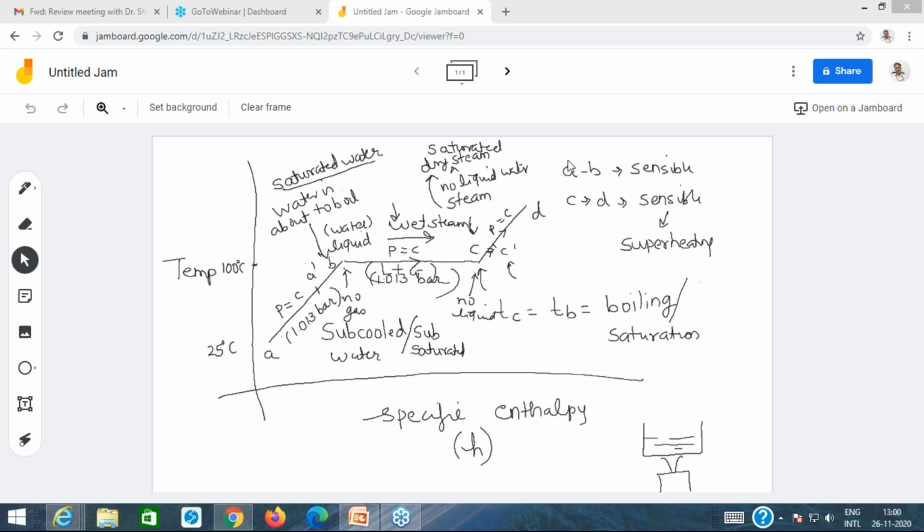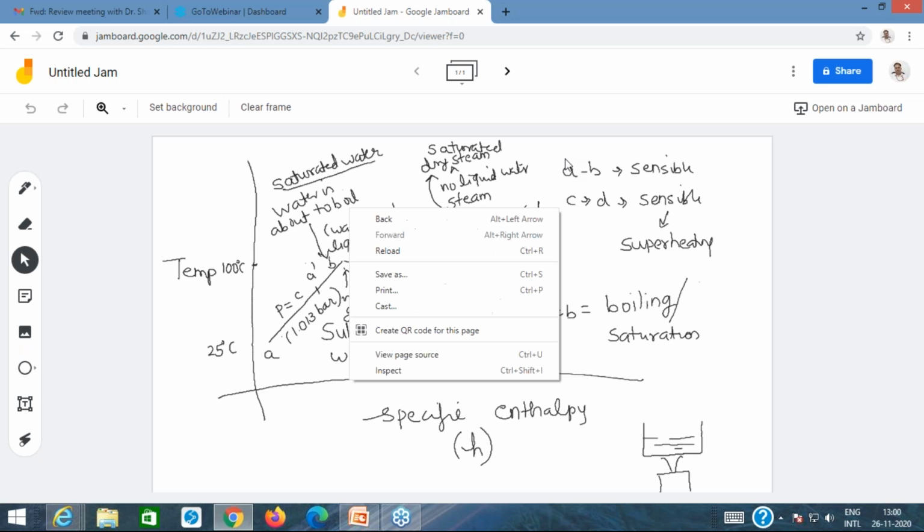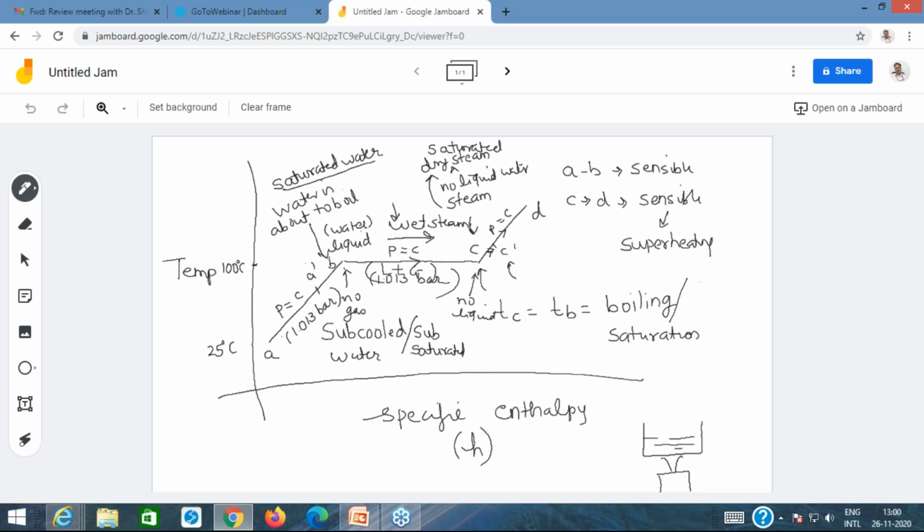So this point, if I draw a vertical from B, on the x-axis, because the x-axis is now the enthalpy, this point, enthalpy at B, is your hf. hf means the enthalpy of saturated liquid. Okay, note that hf means enthalpy of saturated liquid.